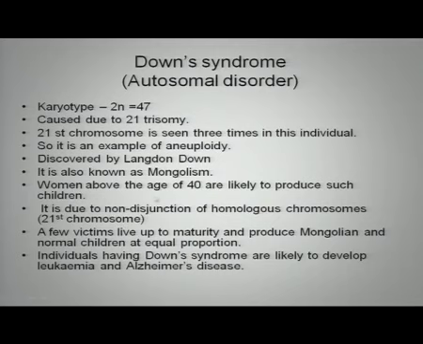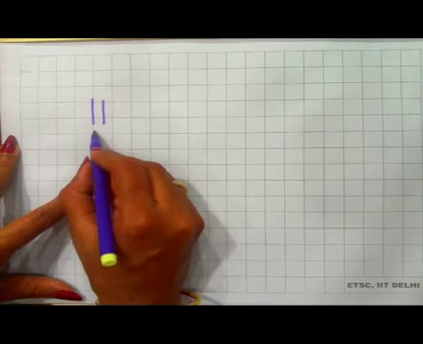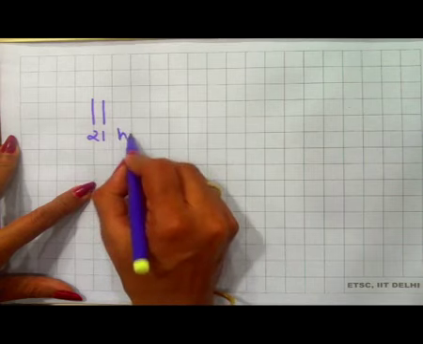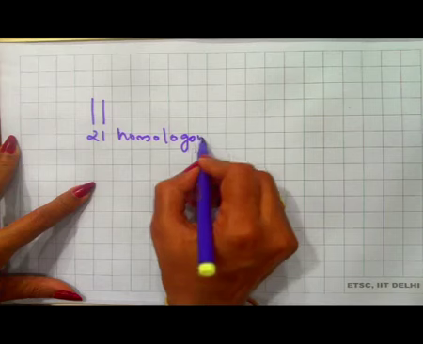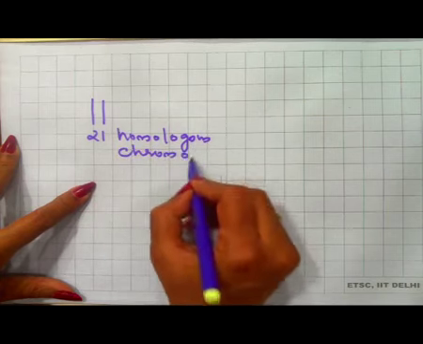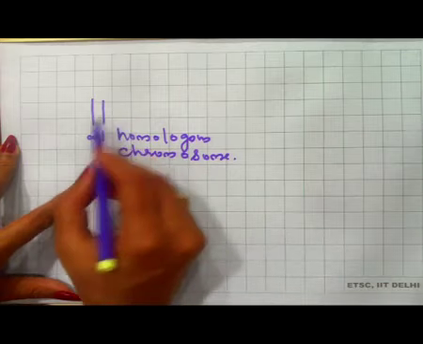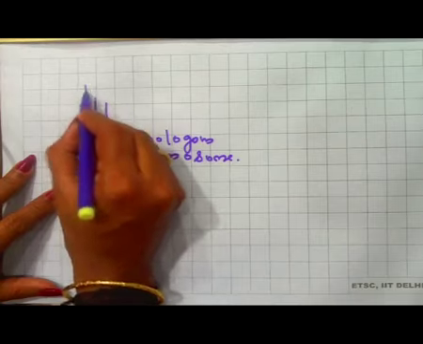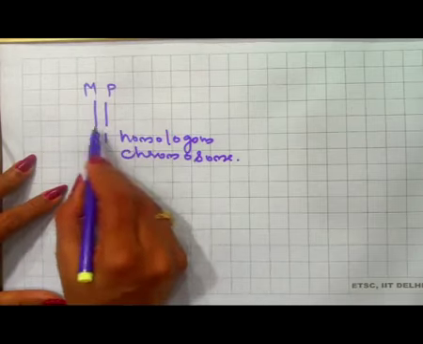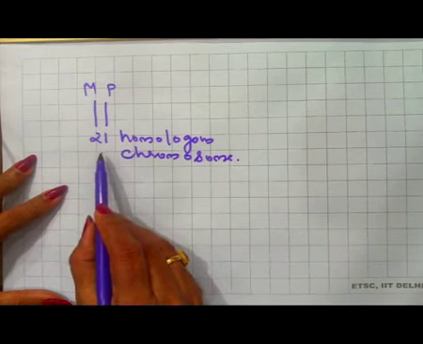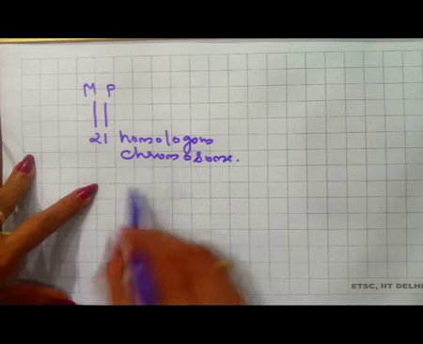In a normal individual, the 21st autosome is present only 2 times, and that pair of chromosomes, you see here, I am representing as the 21st homologous chromosome, this is the autosome.